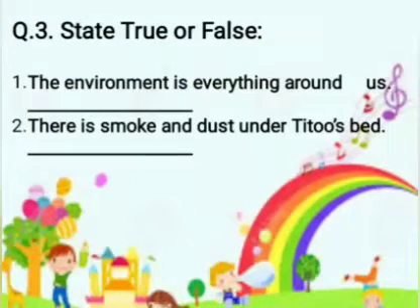Moving further is our third question, which is state true or false. Here the first sentence is the environment is everything around us. And the next one is there is smoke and dust under T2's bed. So let's go back to the passage and find out their answers.